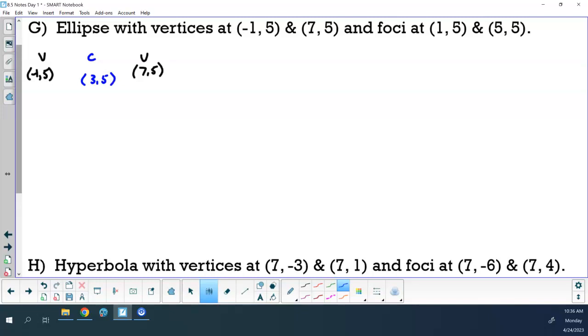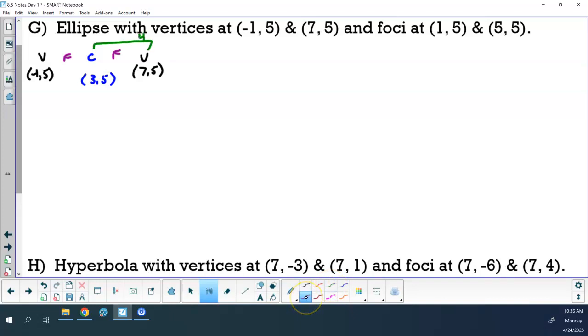Then I've got my two foci in here and in here. So this distance here is 4.